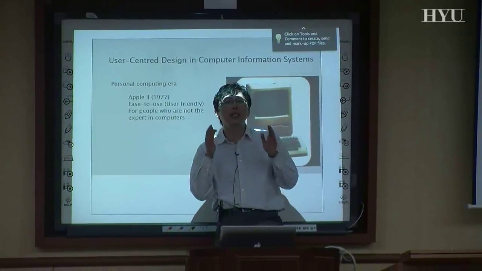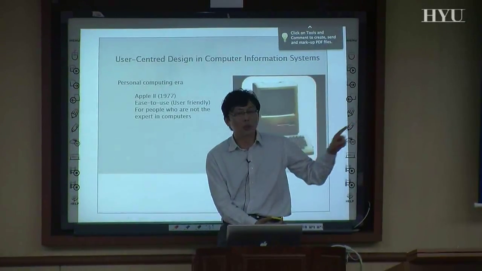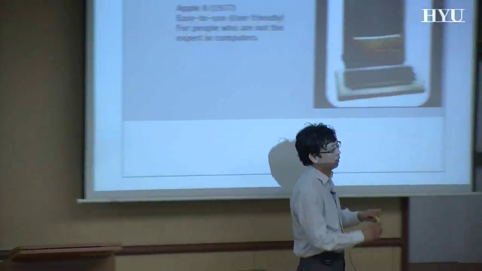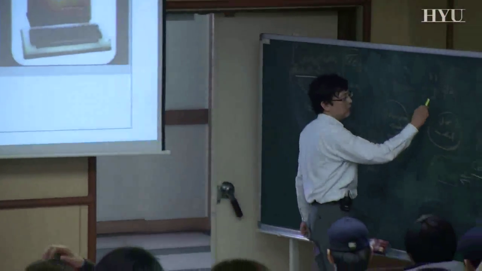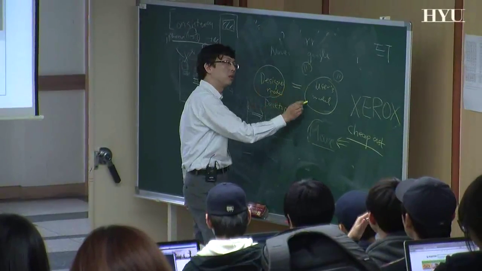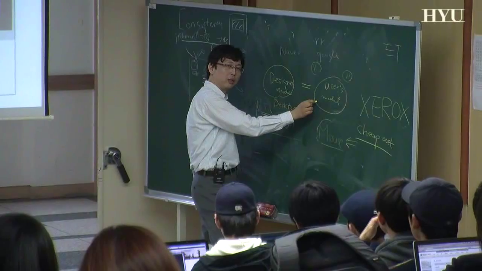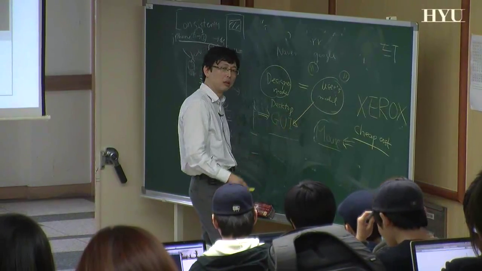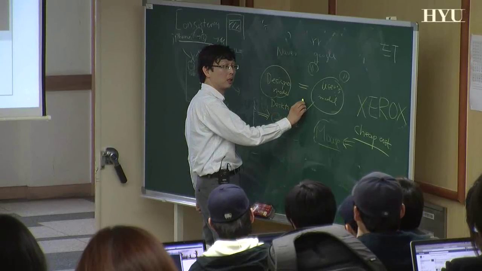At that time, the key was Donald Norman's idea, the user model. Steve Jobs at Apple said we have to understand the user. To understand the user, the only way to control it is the graphical user interface, because they use what?